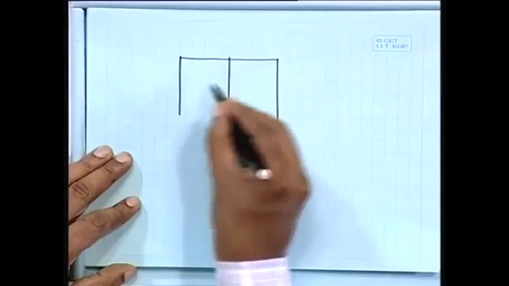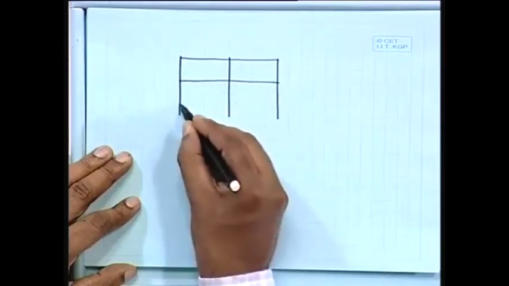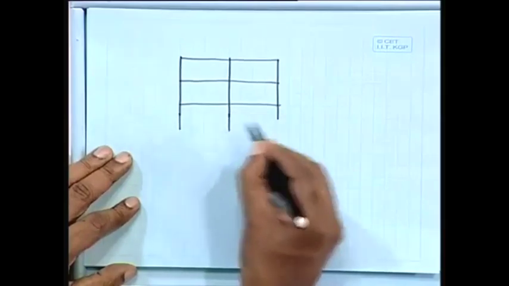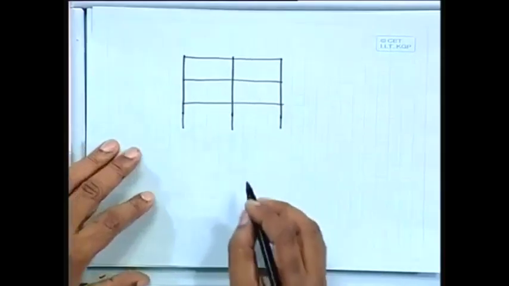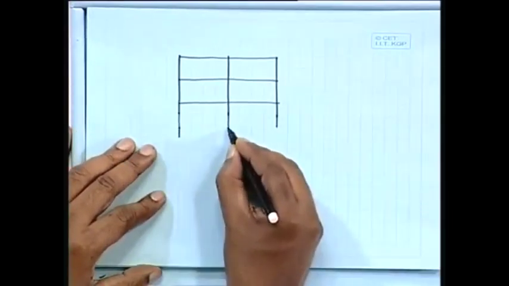Generally it happens that when we are having, say, a column here, let us say these are the different columns. We are talking about one frame. It happens that we can also provide tie beams.